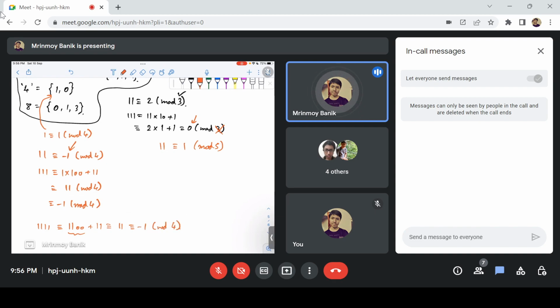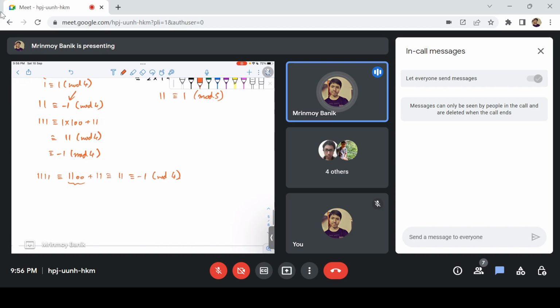So you see, consistently for 3 consecutive terms of the sequence, we are getting -1 mod 4. So there's an expectation that Tn is congruent to -1 mod 4 for all n in naturals, right?